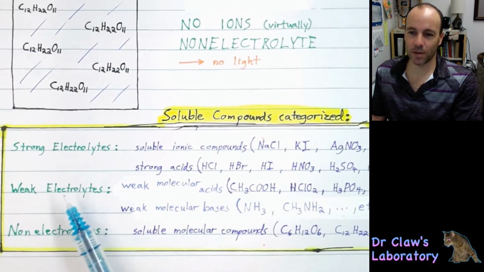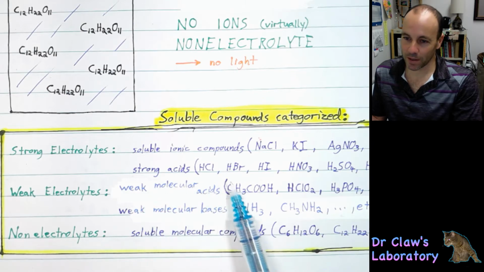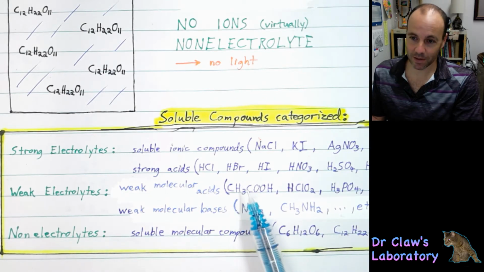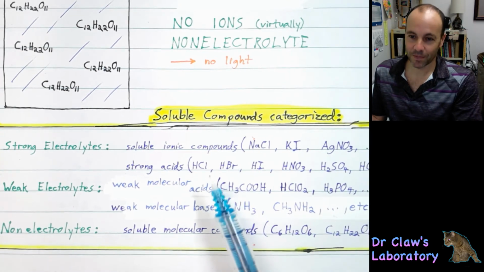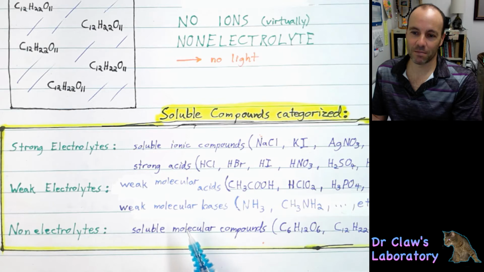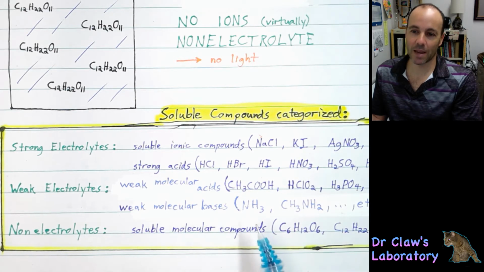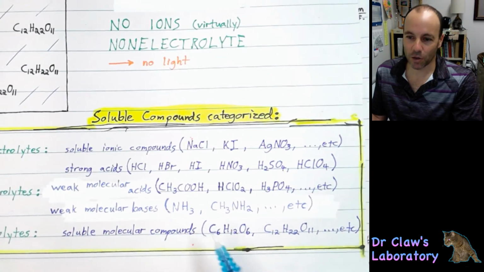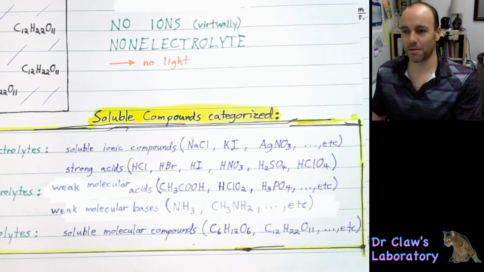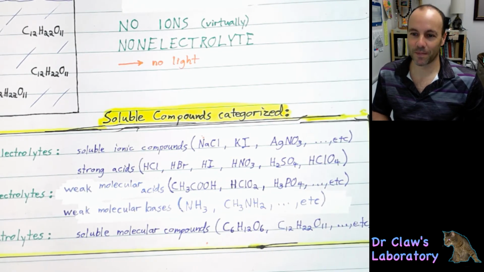With weak electrolytes, you only have a few ions. So if you have 1 molarity acetic acid, you get a lot less than 1 molarity H pluses and acetate minuses. Okay, and then again, non-electrolytes: if it dissolves, that might be a soluble molecular compound like glucose or sucrose or some other molecular compound. When it dissolves, there are no ions in solution, so it's a non-electrolyte.